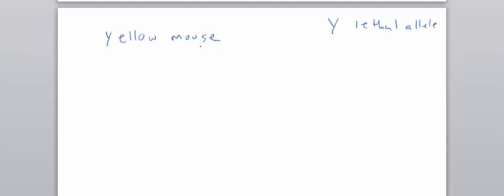And we cross that, and this mouse also has a short tail. And short tail is just recessive. Short tail, long tail. And little y equals a brown mouse.